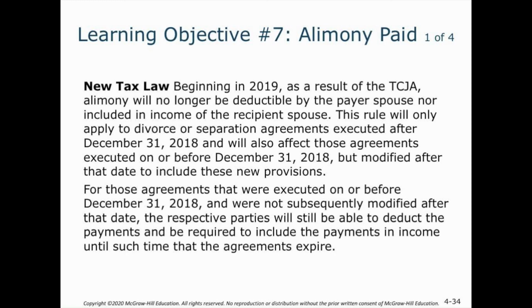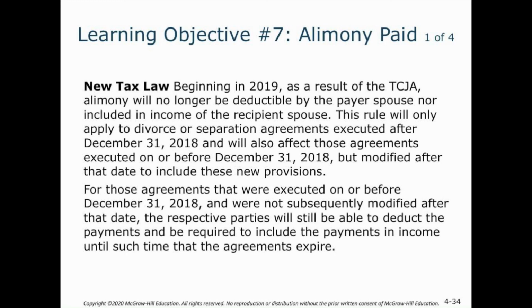Before going into those slides, it's important to note that there was a new tax law that came into effect as a result of the Tax Cuts and Jobs Act. Beginning in 2019, any divorce or separation agreement that's executed after December 31st, 2018, or any agreement executed prior to that date but subsequently modified after December 31st, 2018, is not going to be a part of what we're talking about.